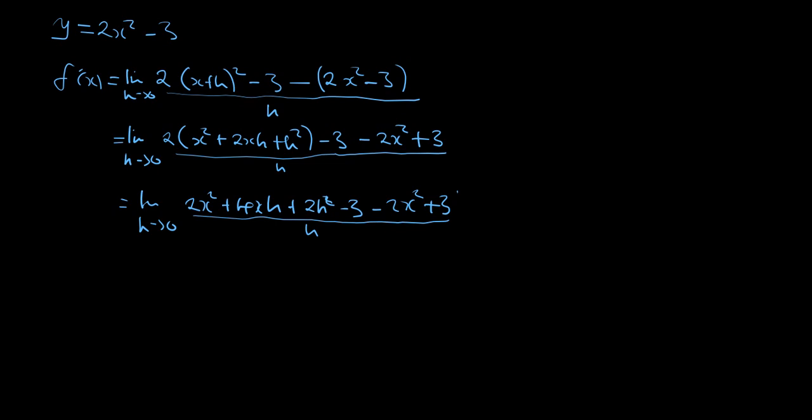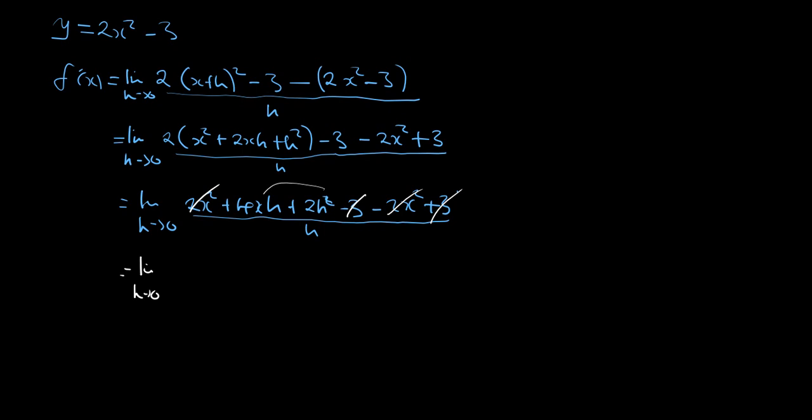So we can see things that are cancelled. There's this 3 there, it is going with this one, and this 2x squared is going with this one, right? So we remain just with the lim as h approaches 0, then I can even factorize, because I've remained with these things only. So I'll factorize what is common there.